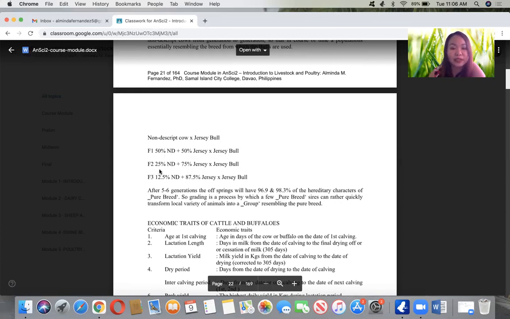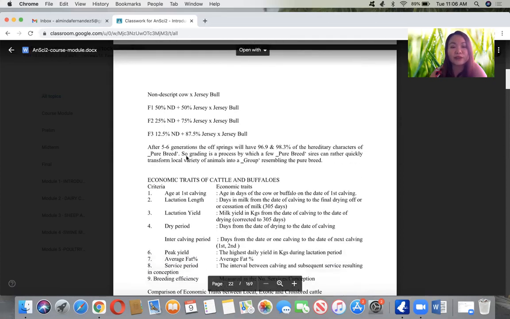In the second filial, 25% na lang ang nondescript cow, 75% na ang Jersey. In the third filial, 87% na ng Jersey. After five to six generations of offspring, it will have 96% to 98% of the hereditary characteristics of the purebred.